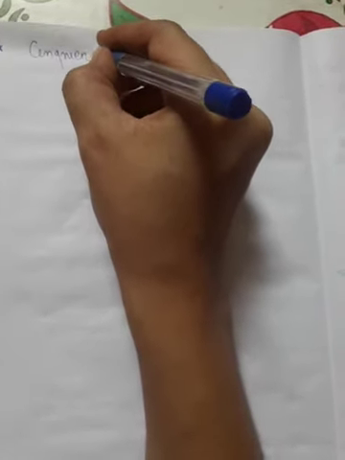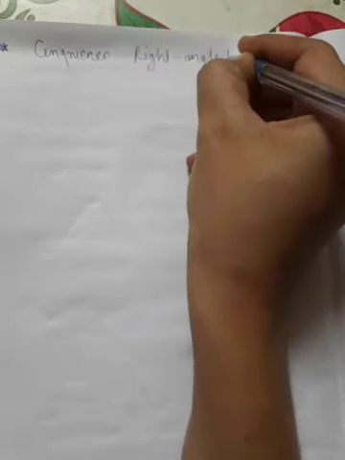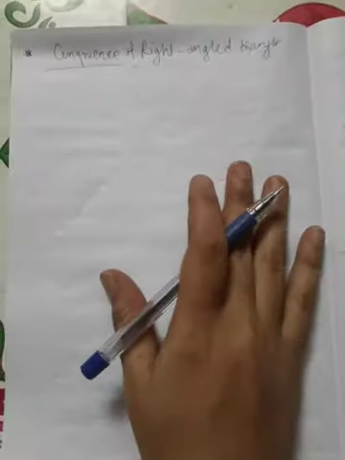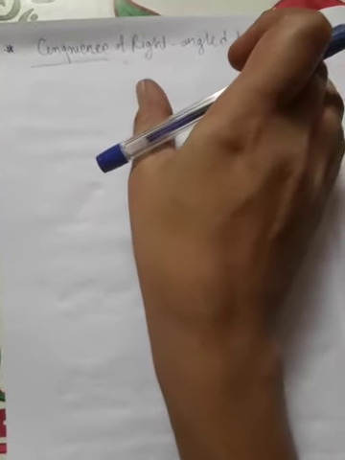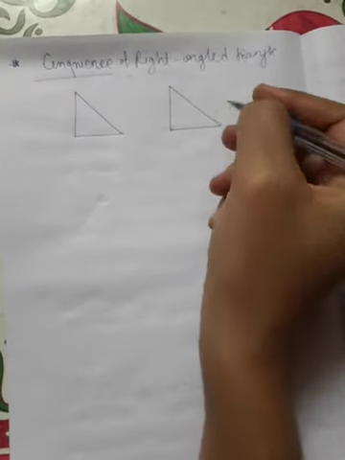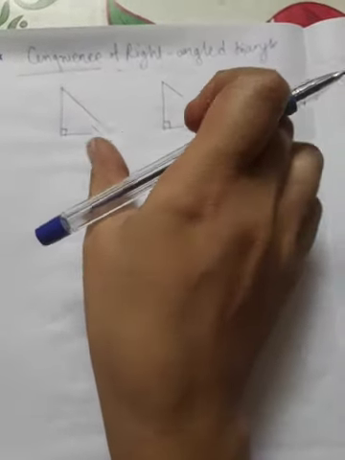There is also a special criteria to check whether two right angled triangles are congruent or not.